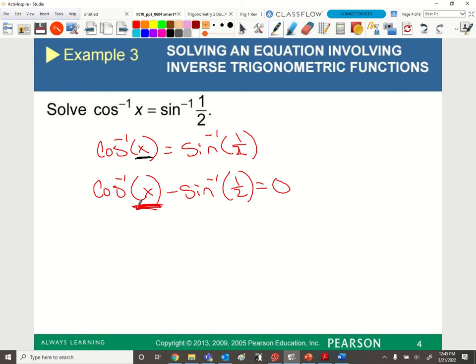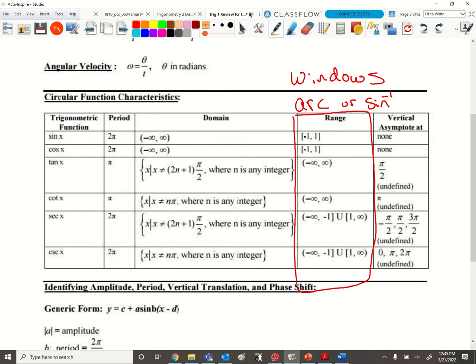My window, again, is x min is -1, x max is +1. So I'm going to go back over to the page. I'm on this one right here. For cosine, that's the one I'm looking for, and I'm going to use this when I'm using the arc or the inverse sine.